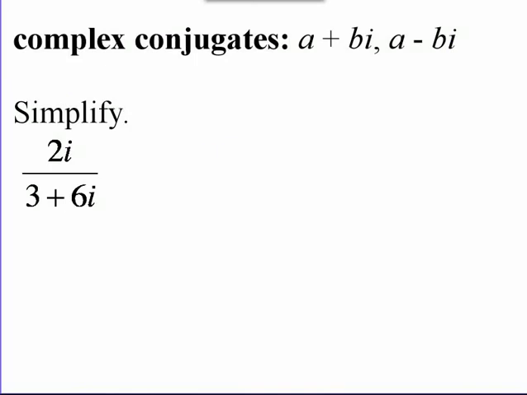Okay, very last thing, and believe it, I'm not lying, this is the very last thing today. Complex conjugates. Basically, we've talked about conjugates, maybe not called them conjugates. But if you notice, first terms are the same, last terms are the same, sign between them is different.